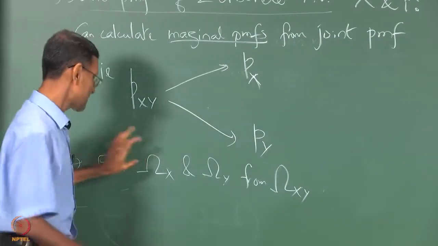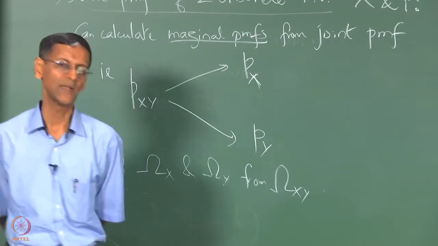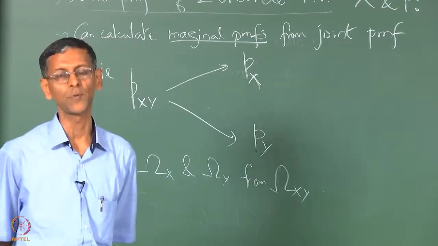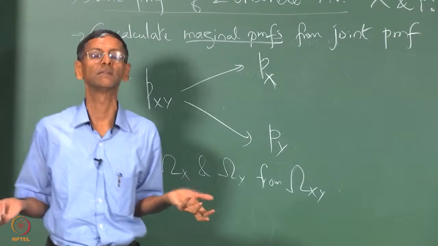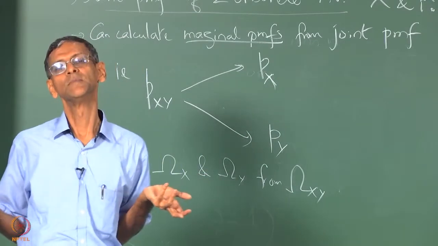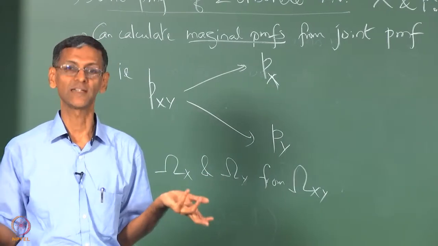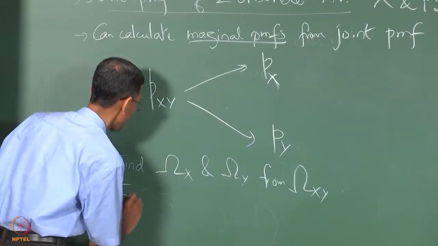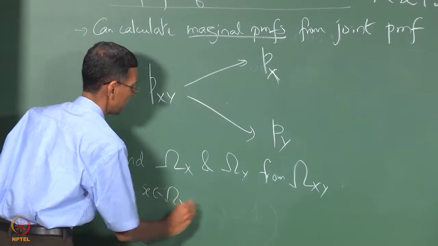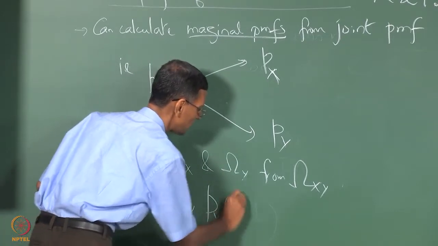And then this step is, in many cases, not emphasized, but it's very important, because even before you find the probabilities, you have to look at the possibilities. What are the possible values of x? Then for x in omega x, Px of x is going to be what?